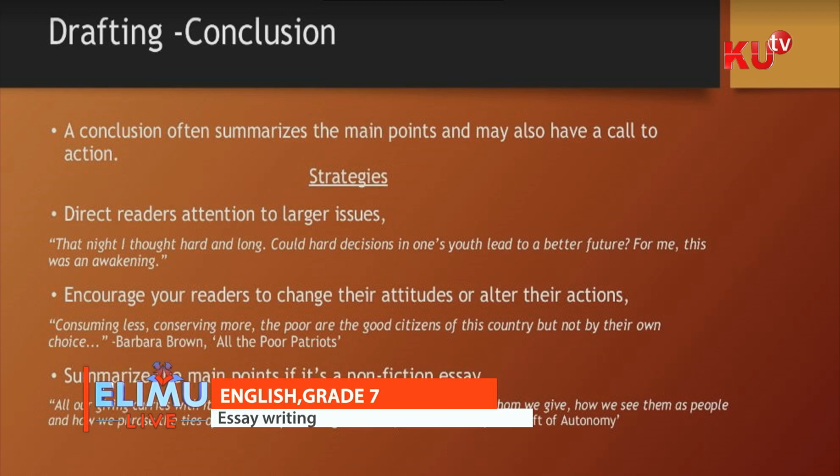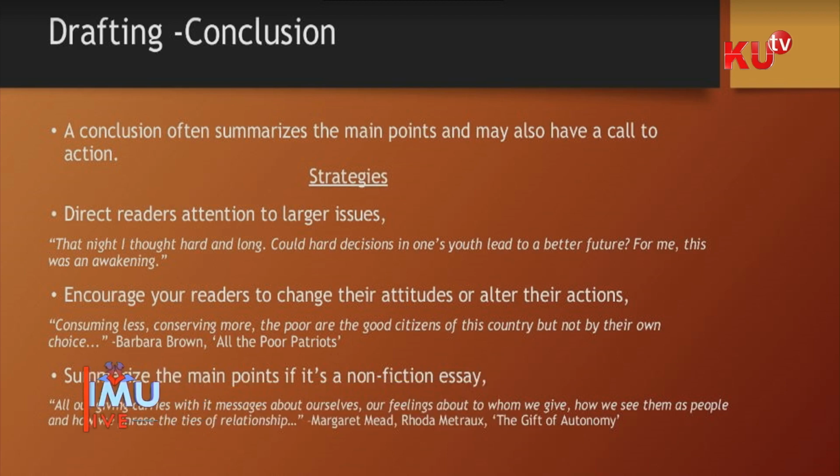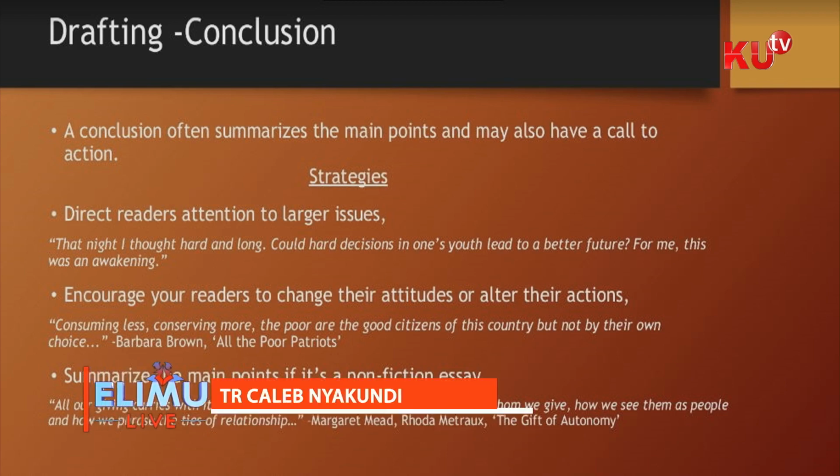To all our giving carries with it messages about ourselves, our feelings about to whom we give, how we see them as people, and how we phrase the ties of relationship.